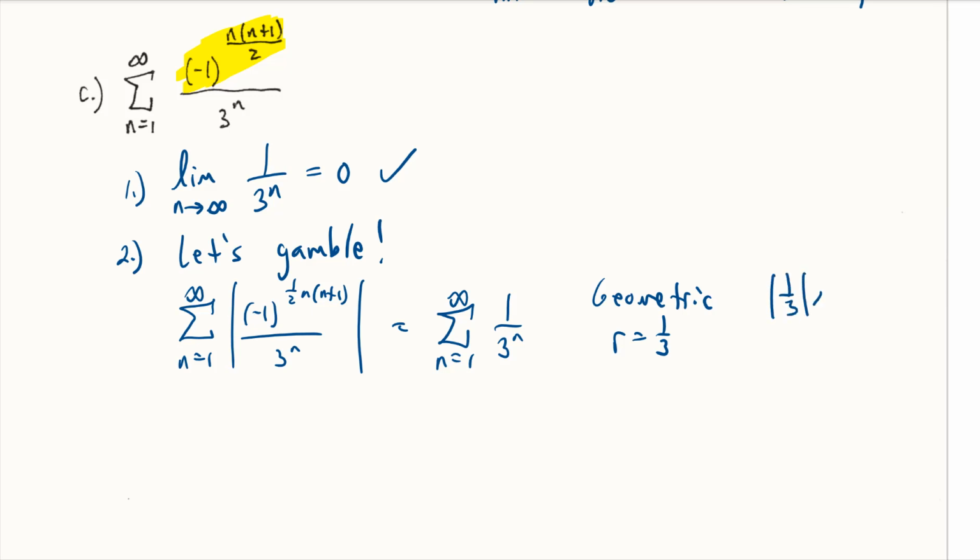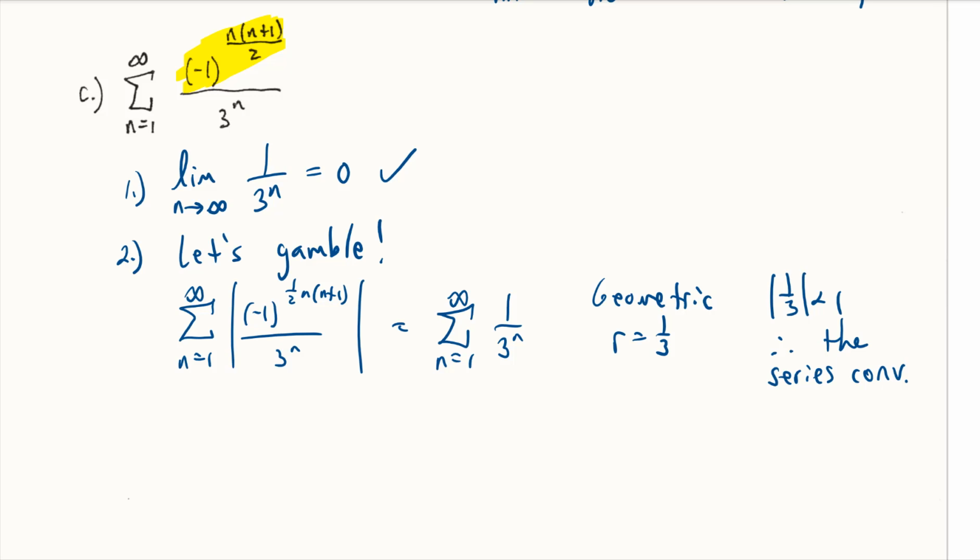Absolute value of 1/3 is less than 1. Therefore, the series converges. Oh man, our gamble paid off. So, since the infinite series, when its terms are all positive, converges, the theorem says that the one that has negative terms will converge. We're done.